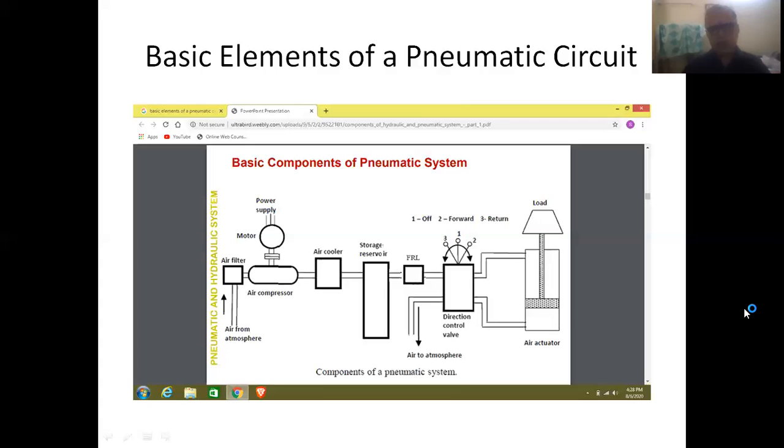As I've already told you in the beginning, compressed air is used for operating a pneumatic system or a pneumatic circuit. Therefore, this actuator is referred to as an air cylinder. This is the most important component of a pneumatic circuit.